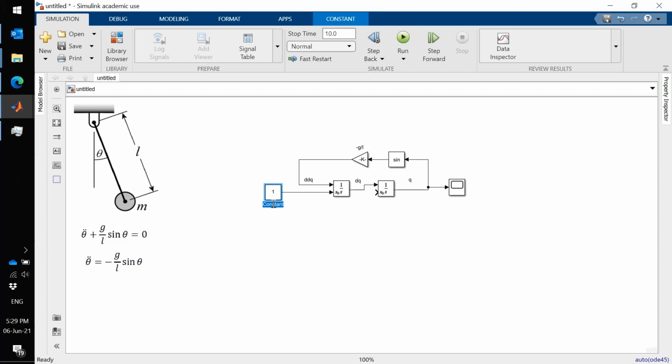I'm gonna call it dq0, and then I need another initial condition. I'm gonna call it q0, theta 0 at time 0, and goes right here. So now here I have my complete model.